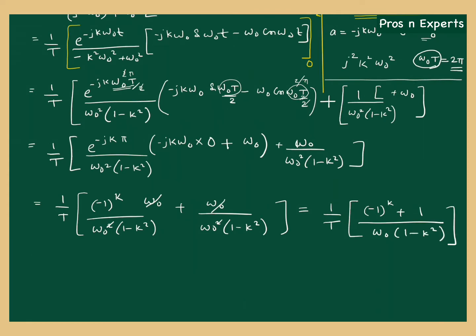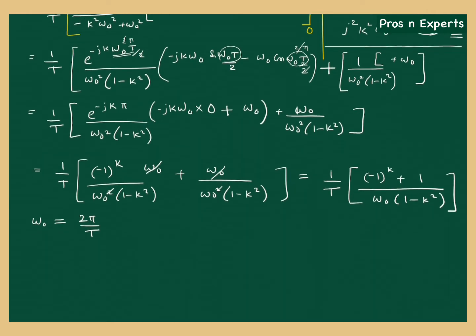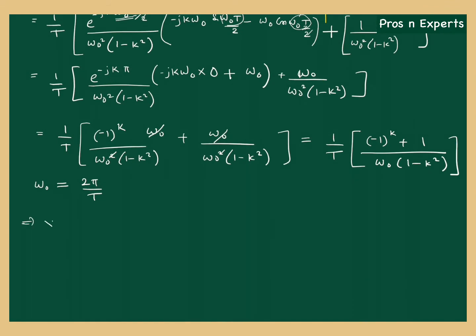Now from the question we have already found that omega 0 is equal to 2 pi by T because the time period is T. So substituting 2 pi by T for omega 0, we can reach the final expression: X of k is equal to 1 by T. I can write it as minus 1 to the power k plus 1 divided by 2 pi by T into (1 minus k square).